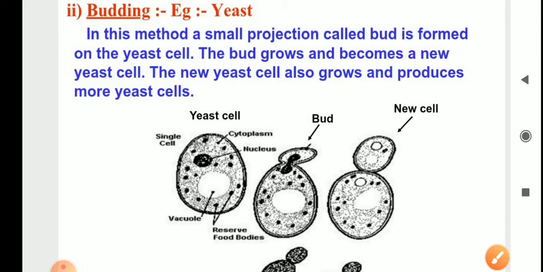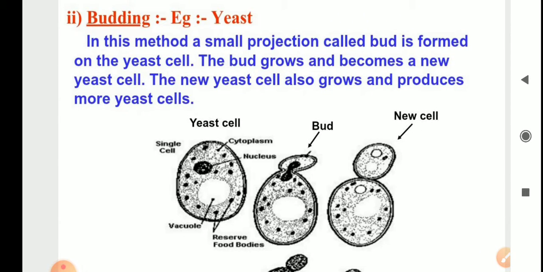In budding, a small projection called a bud is formed on the yeast cell. The example we have taken is yeast. A small bud-like projection comes out on the yeast cell, grows, and becomes a new yeast cell.